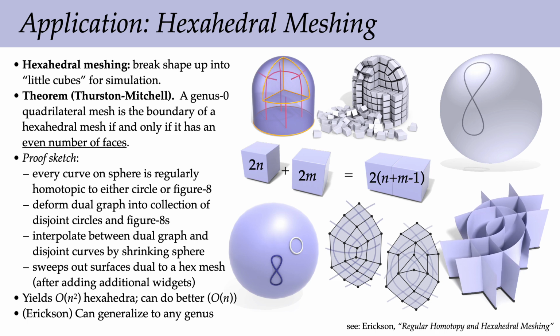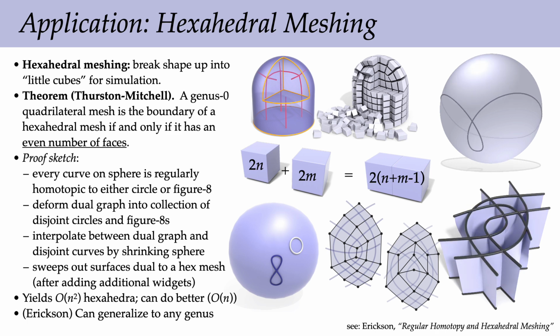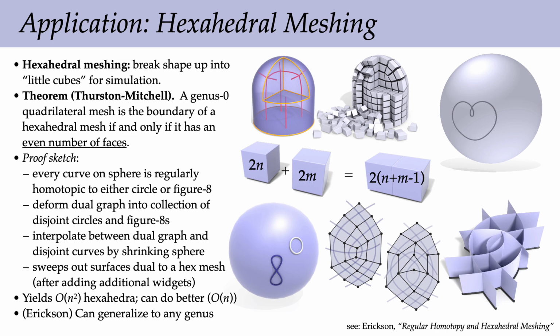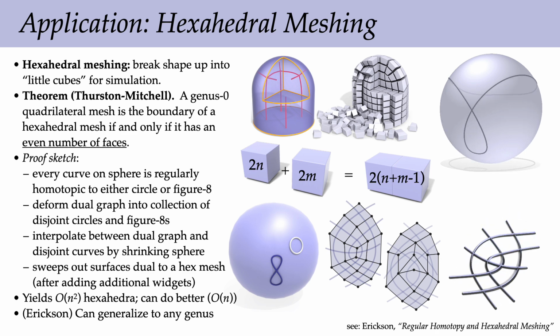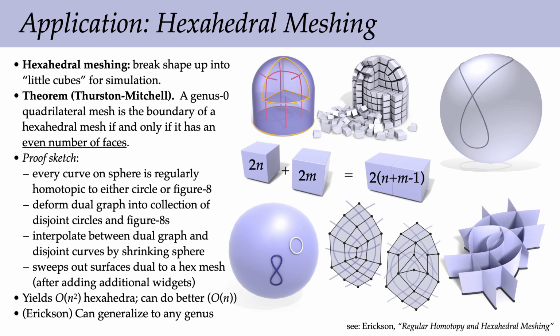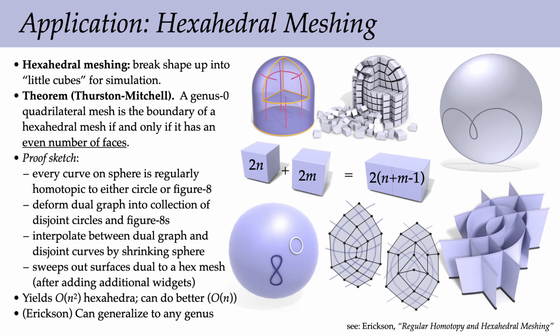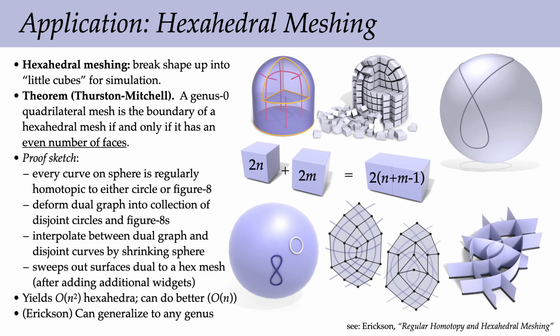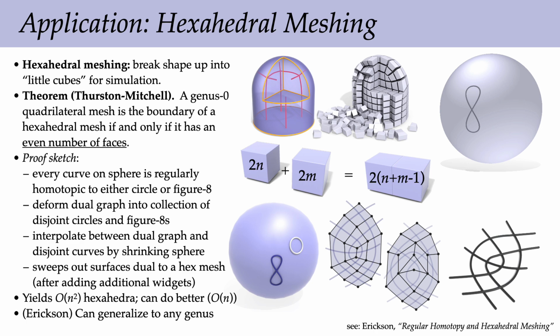Okay, so the takeaway from all this is not that you should immediately understand all of this stuff about hex meshing, but rather to give a sense of why something like regular homotopy and something like Whitney-Graustein is a valuable tool. In this case, it's because it lets you reduce your analysis of the situation to just a couple very simple kinds of curves, these circles and these figure eights.